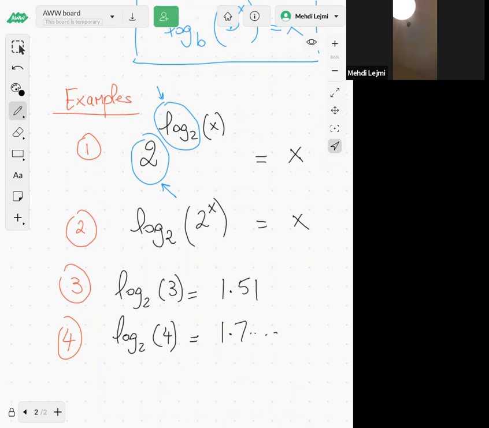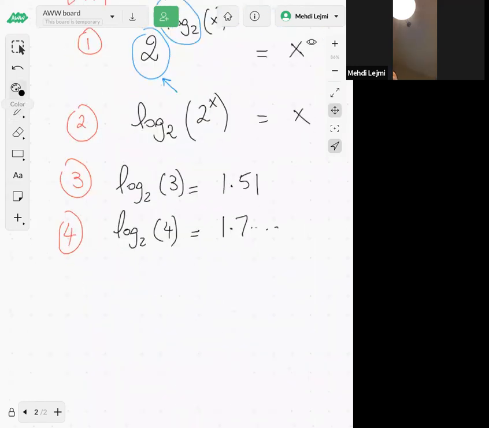No, it's okay. So let me do the following remark. Here's a remark. If you have y equal to log in base b of x, then b to the y is equal to x.